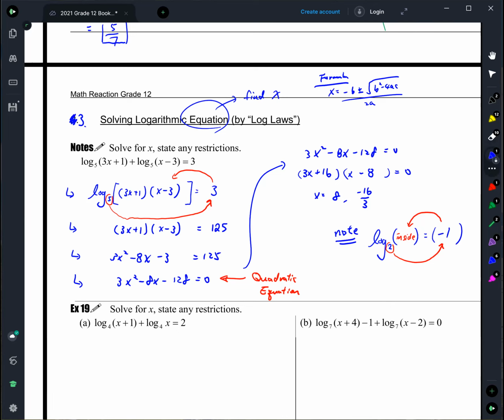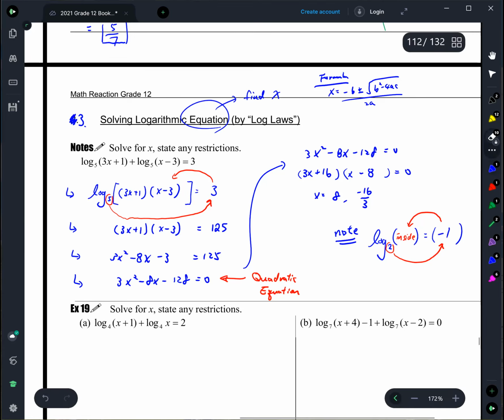What's 2 to the -1? Marcus, 2 to the -1, what does that equal? Yeah, 1/2, right? So no matter what number I choose, there's no way I can make the inside a 0.